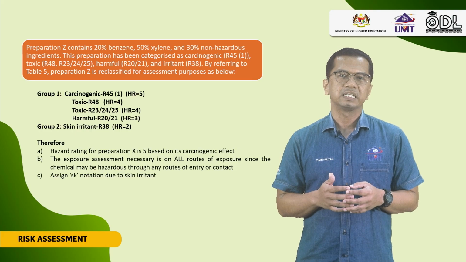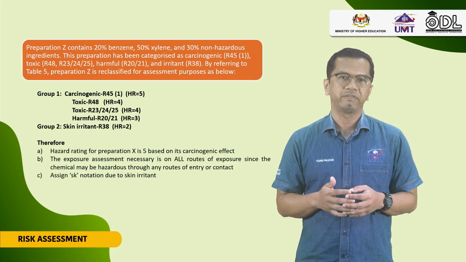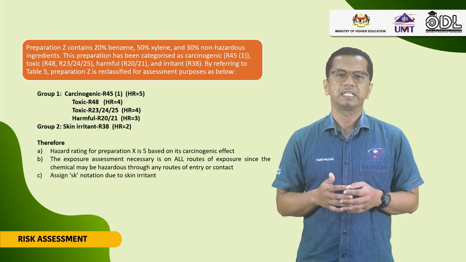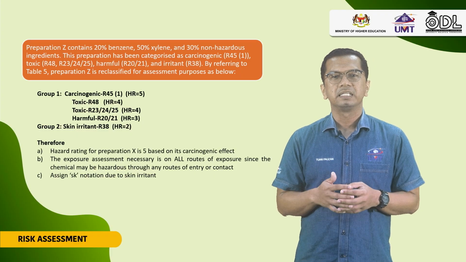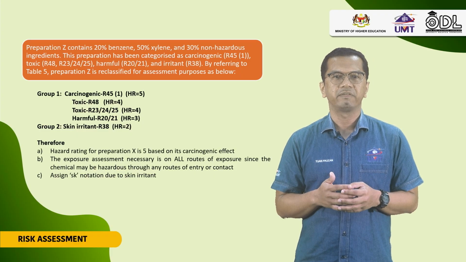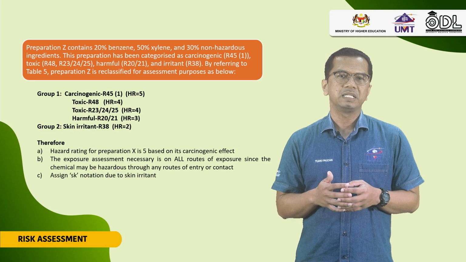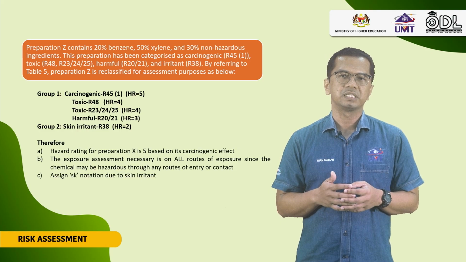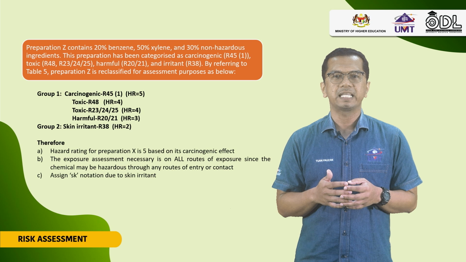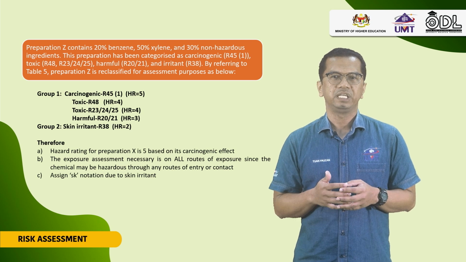Carcinogenic effects have the highest hazard rating of 5, which takes precedence. Thus, the hazard rating is assigned as 5. Exposure assessment must include all possible routes, and SK notation is added due to skin irritation.